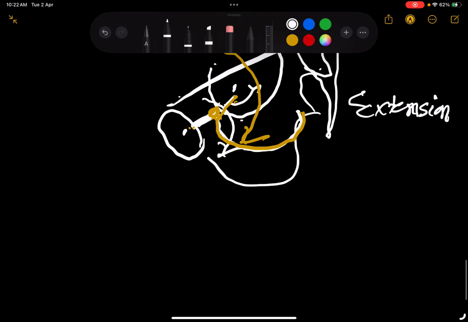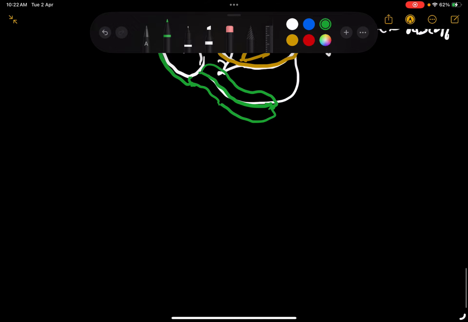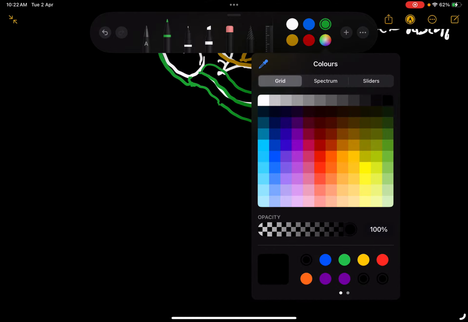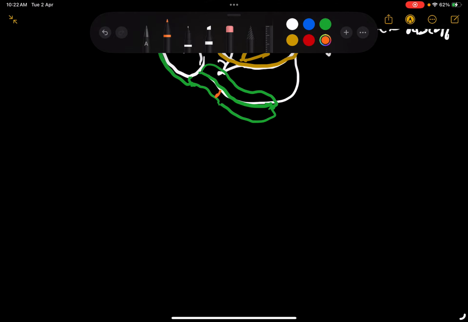After the extension, the head will strike the perineum, the perineal membrane. And now when it strikes the perineal membrane, and there's a vagina which is coming out of this perineal membrane, as it passes through, it will initially dilate the vagina as the head comes, and then the resistance of this perineum will push the head back.